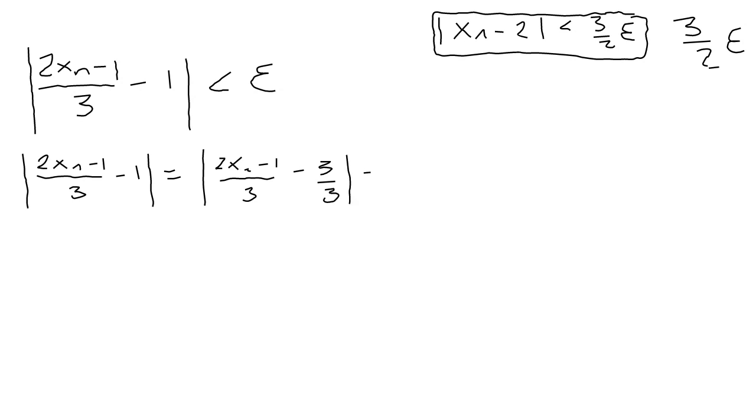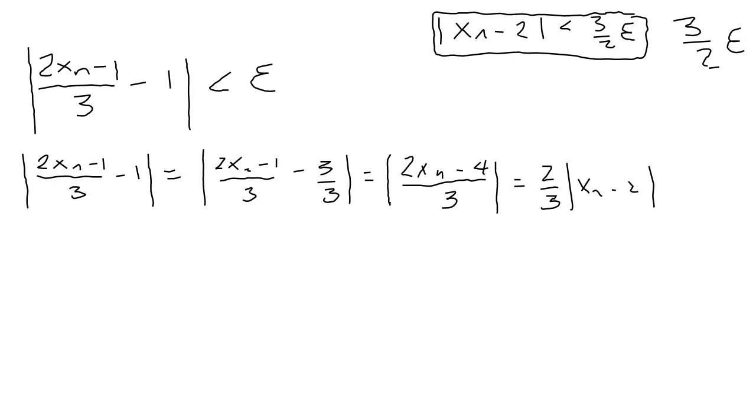All I'm doing so far is just rewriting stuff. I haven't changed anything. When you combine the numerators, you get (2x sub n minus 4) over 3, which is equal to, factoring, 2 over 3 times x sub n minus 2.